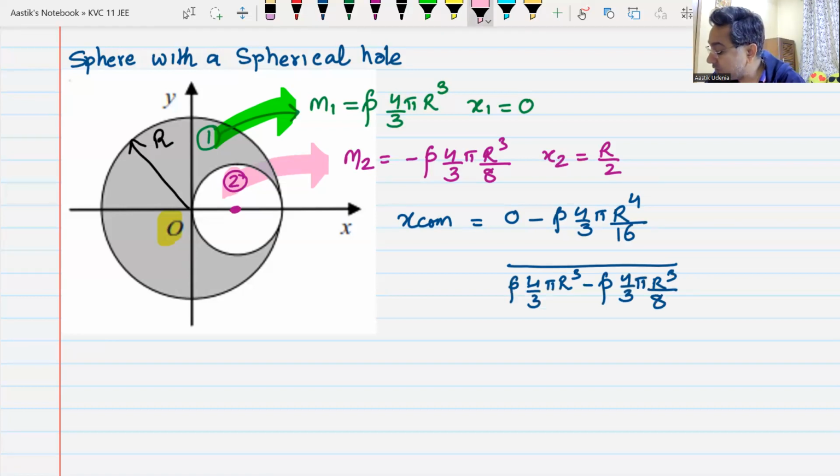Don't worry about these terms, because rho 4 by 3 pi r cube is going to get cancelled. Whatever remains would be your answer. What answer are you getting from here?